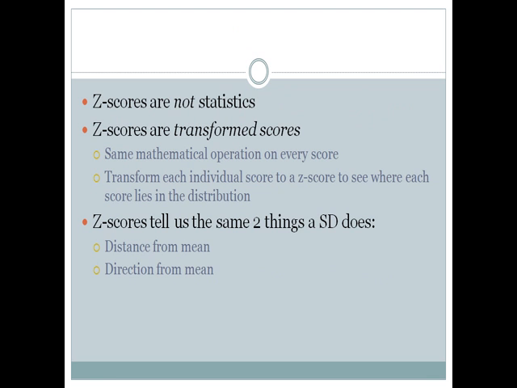A note here about vocabulary. Remember the difference between a statistic and a parameter. Z-scores are calculated, but they are not statistics. Z-scores are something called transformed scores. Transformed scores are when you take the raw scores in a distribution and perform the same mathematical operation on every score.